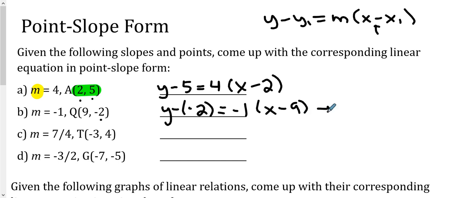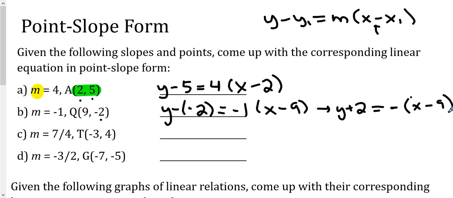Again, I want to simplify this. I want to write it as cleanly, as simply as possible. So that's going to end up looking like a y plus 2 on the left side. And a negative, again, because it's a coefficient of that binomial bracket. I don't need to write the value because I know it's a 1. So it's just a negative x minus 9.